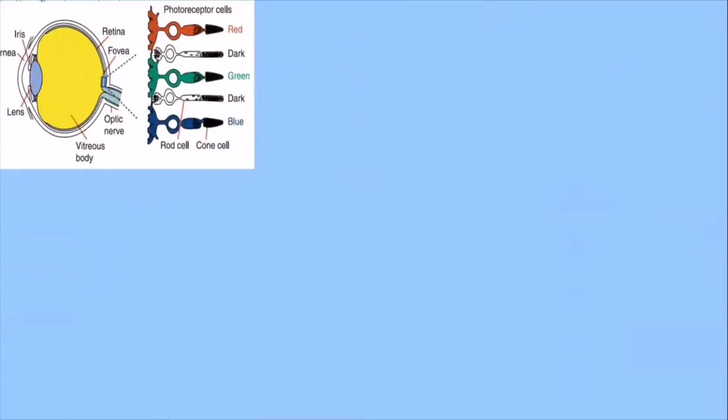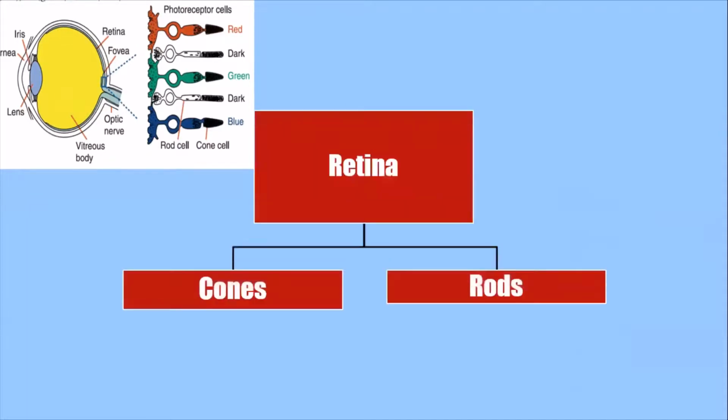Now, as I promised you earlier, I am going to tell you about the rods and cones. The retina is made up of two types of cells. One is cones and the second is rods. The human eye has four types of photoreceptors: three types of cones and one type of rod.